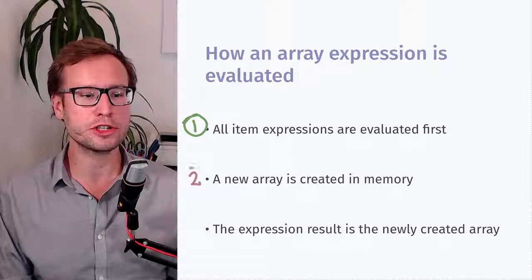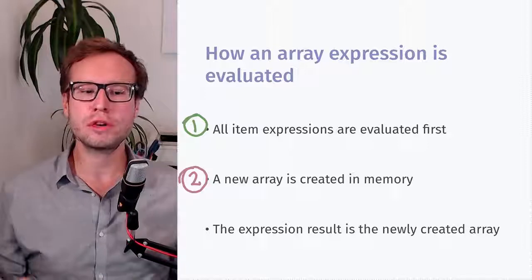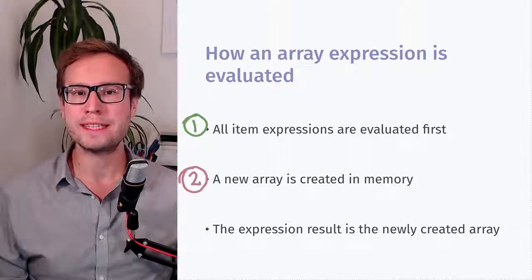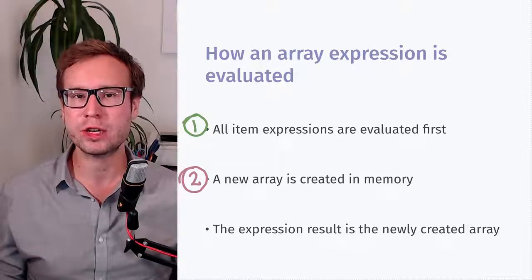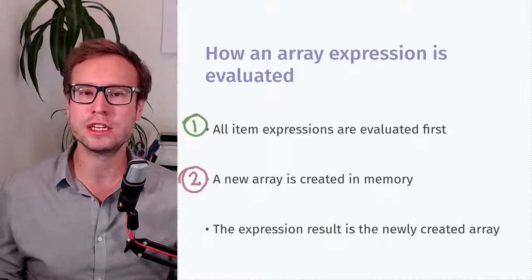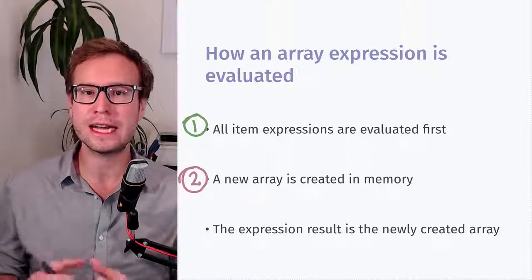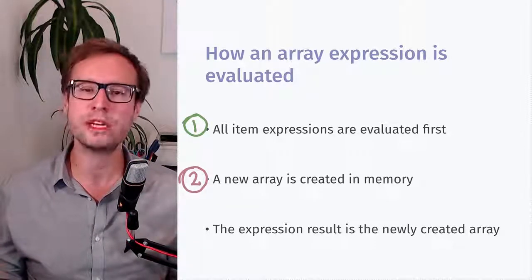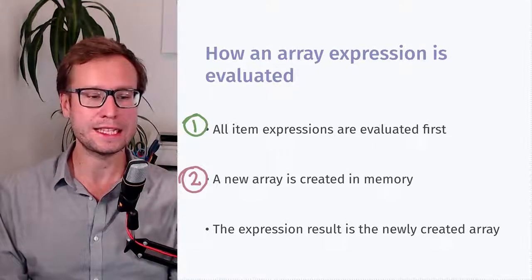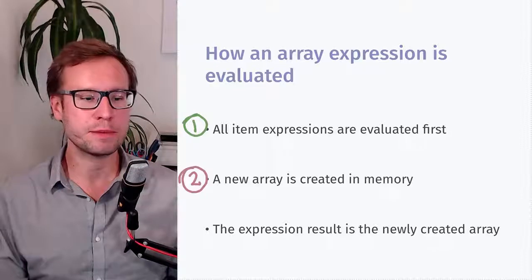Cool. Okay. Number 2, a new array is created in memory. This is what happens behind the scenes, right? We don't see this creation happening, but the JavaScript engine is going to go into memory and allocate some new space and place this array there. That's what happens in the second point.